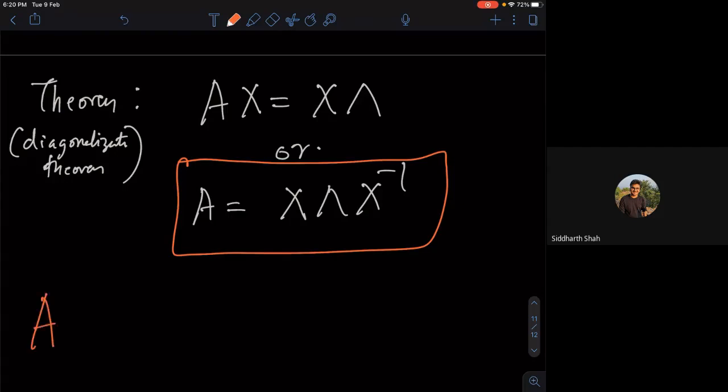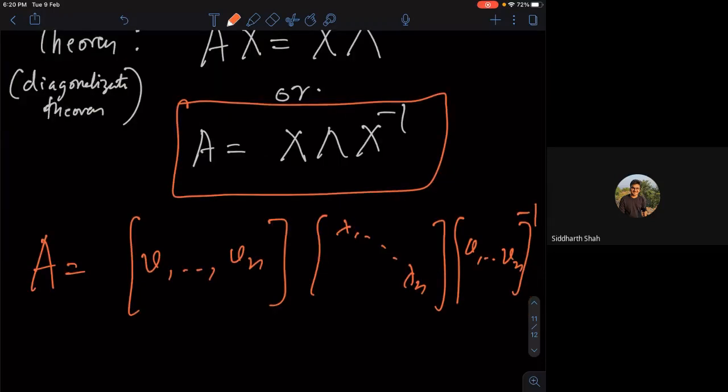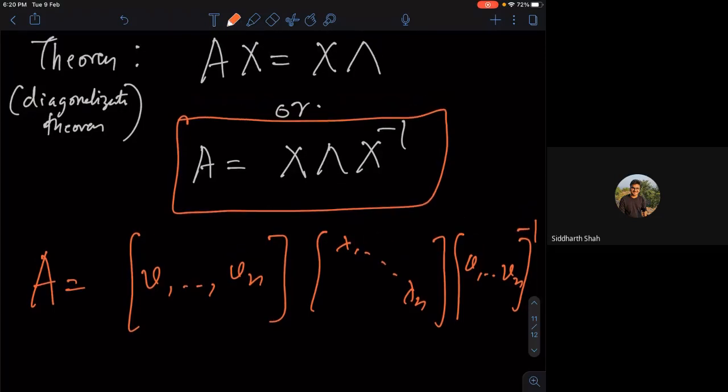The way to see it is that any matrix A can be written as V1 to Vn, with some diagonal elements here, followed by V1 to Vn inverse. It can be done only if there are n independent eigenvectors, and this is something we have been saying, that most matrices are going to satisfy this condition.